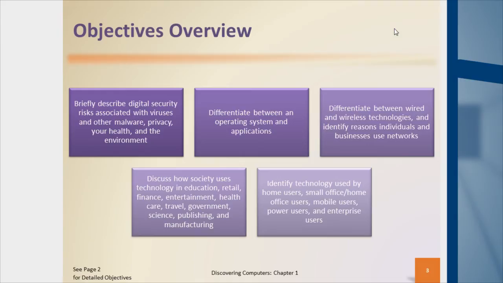We'll differentiate between an operating system and applications and talk about how some other techs deal with this. We'll differentiate between wired and wireless technologies and identify reasons individuals and businesses use networks. We'll discuss how society uses technology in a variety of different fields, and we'll talk about some of the different users of technology.